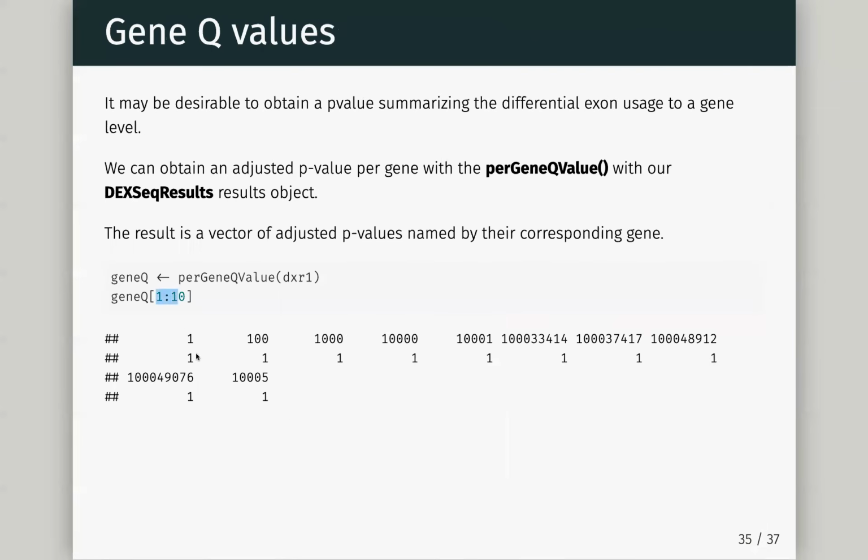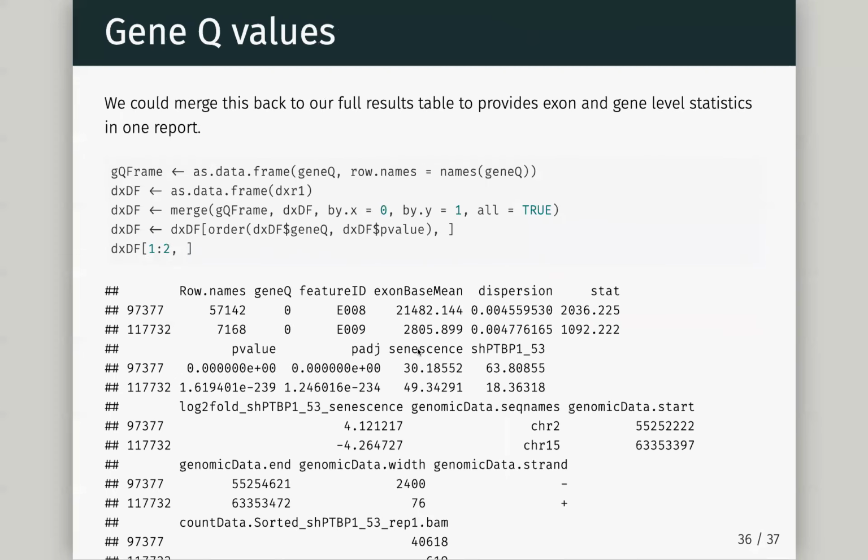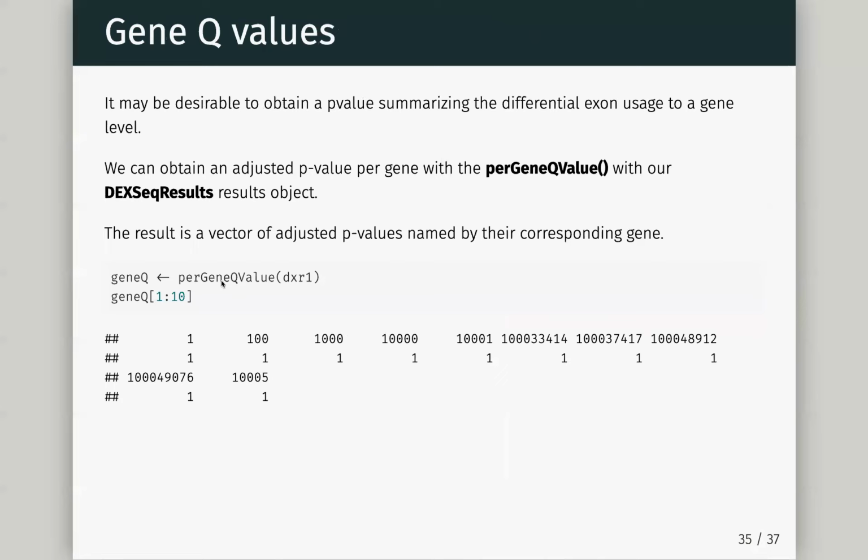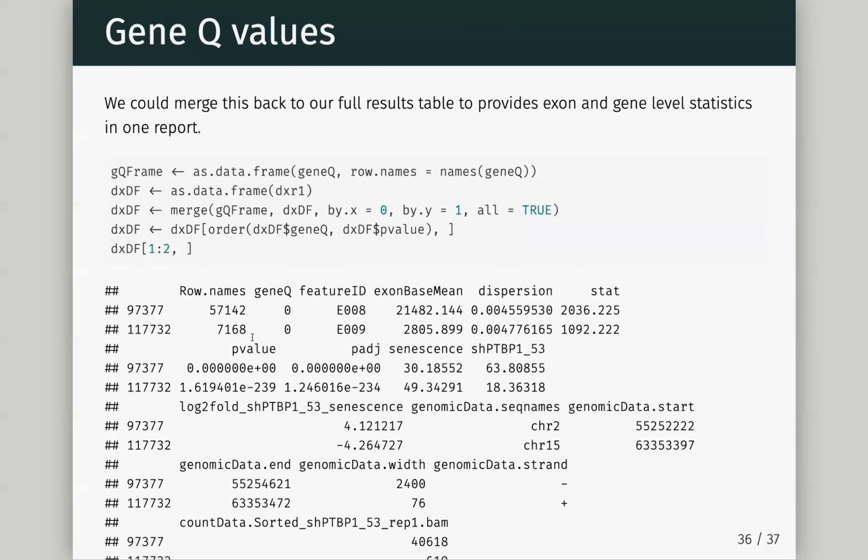If we just look at the first 10 here, they're all 1, so nothing had passed. But we can make a data frame from that, give it the names of our genes as the row names. So it turns this into a data frame of one column, the p-value, with the row names being these names here.